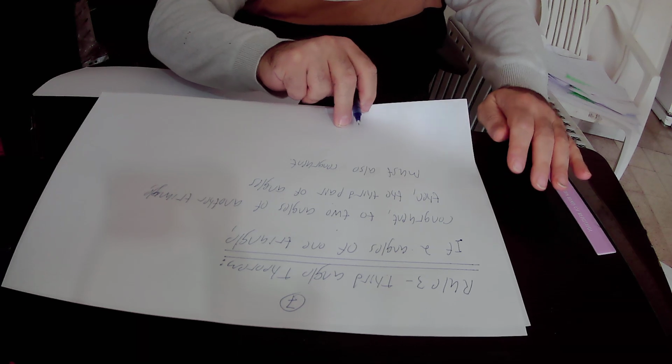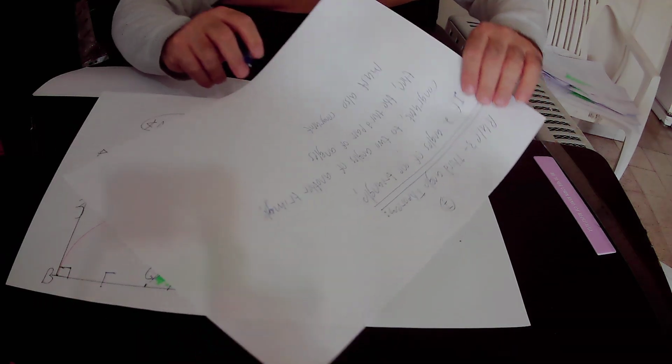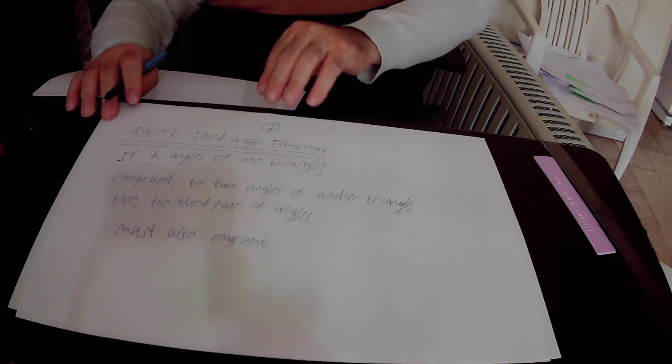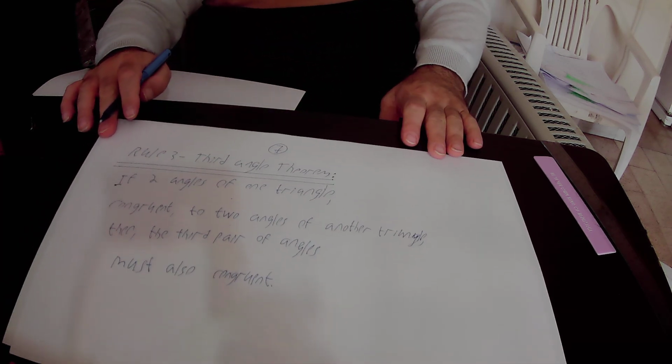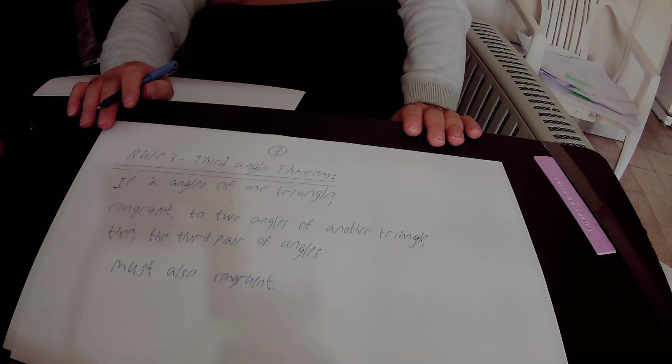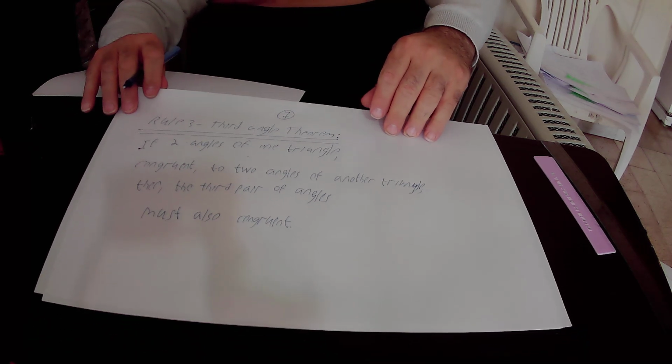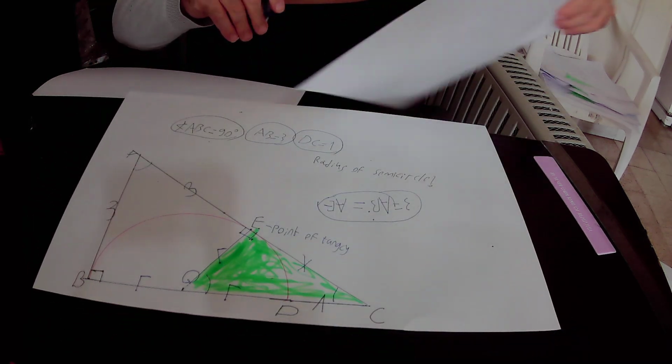So I read rule number 3 again. According to the third angle theorem, if two angles of one triangle are congruent to two angles of another triangle, then the third pair of angles must also be congruent. So what is the meaning of this theorem?